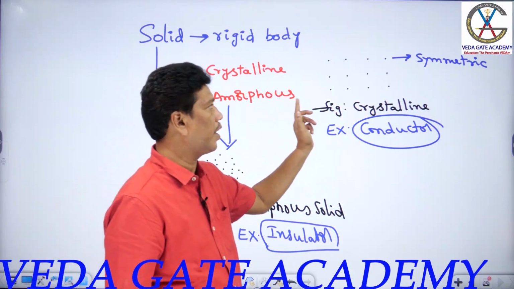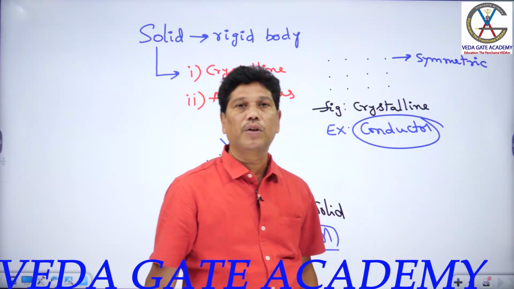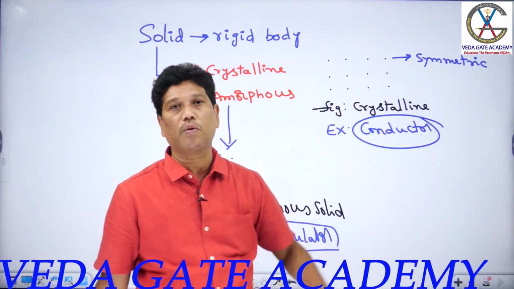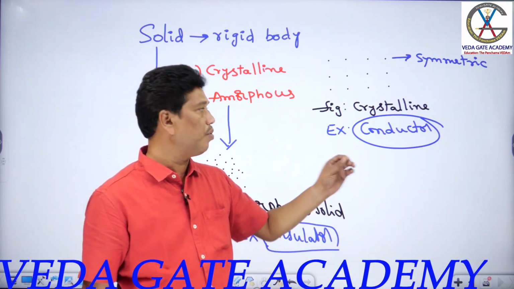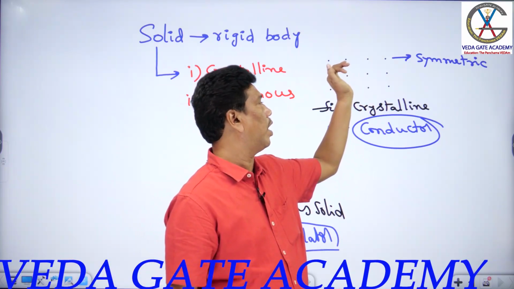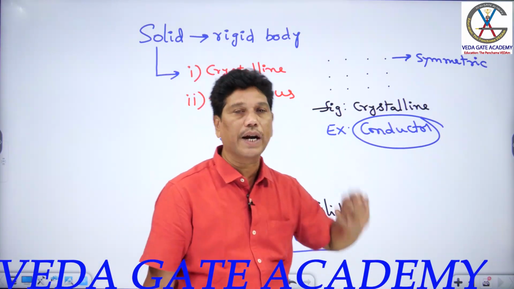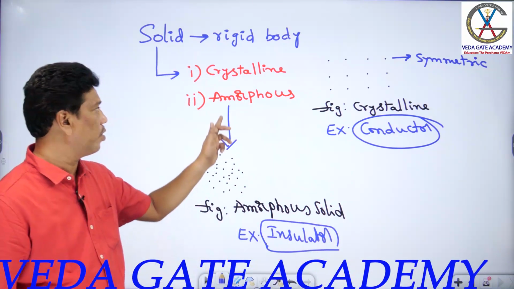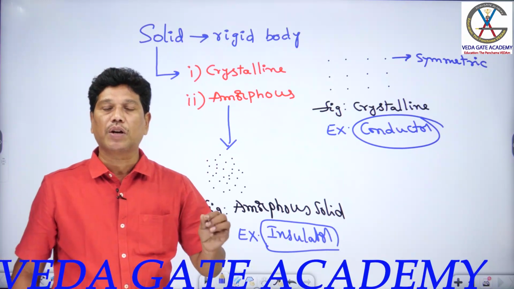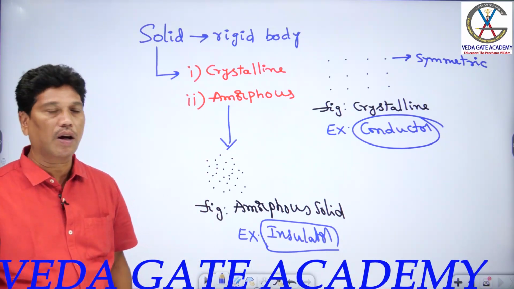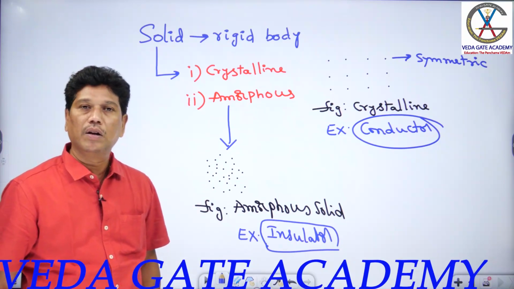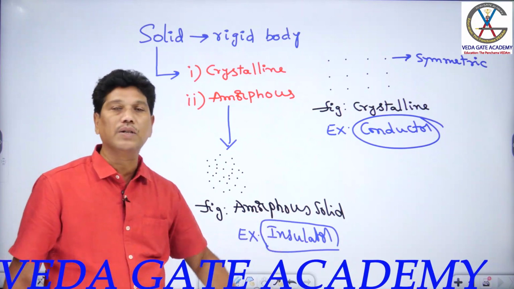A crystalline solid has a symmetric structure, in which the atoms are arranged in a symmetric manner. The best example is a conductor. The other one is an amorphous solid, in which the atoms are placed in a zigzag manner, randomly oriented. The best example is insulators.